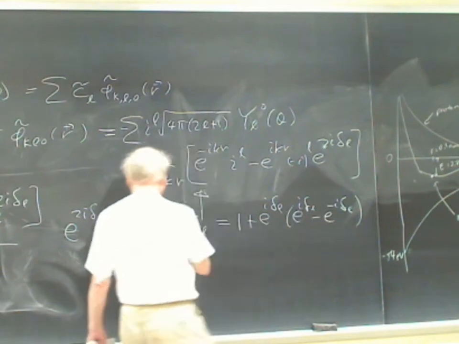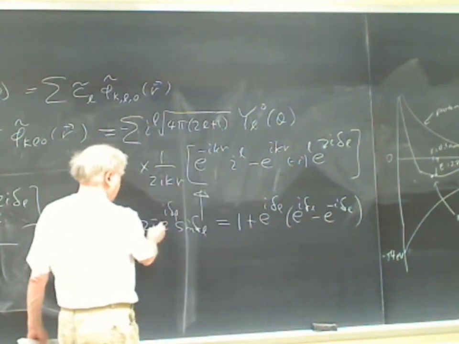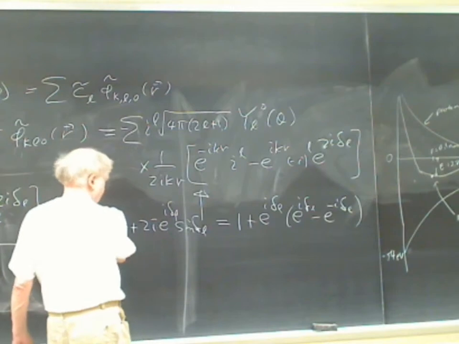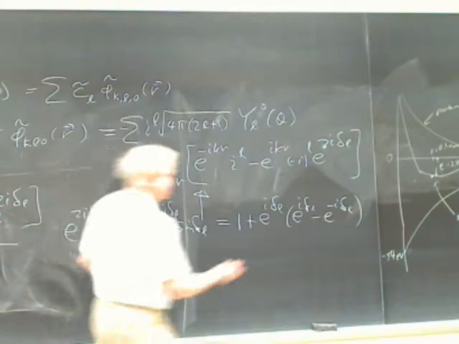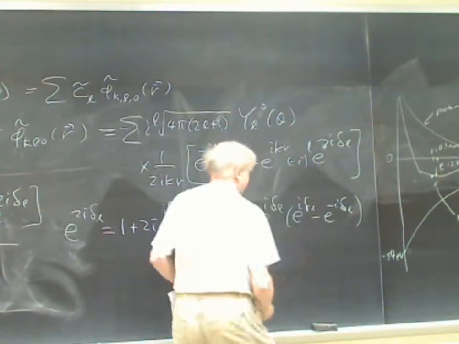This times this gives e to the 2I delta L. So that's the correct identity. So now we're going to substitute that in there.